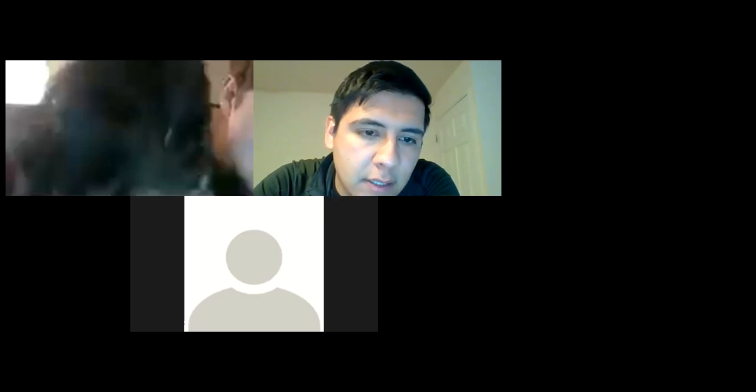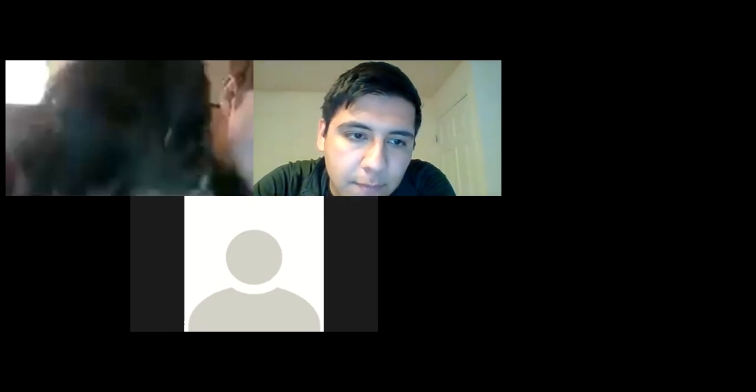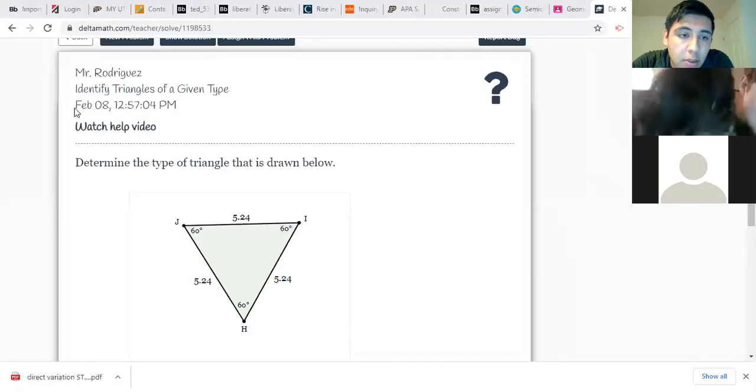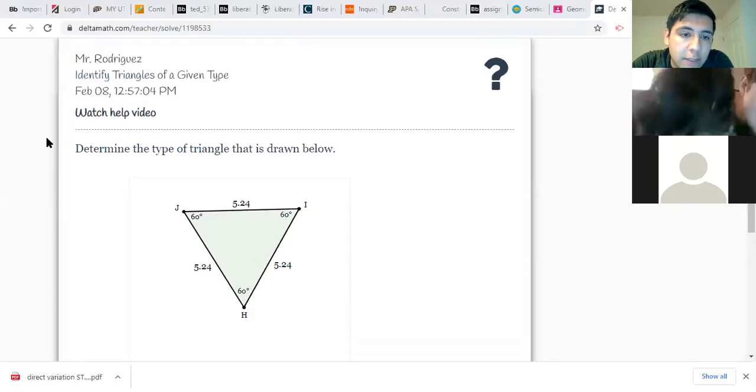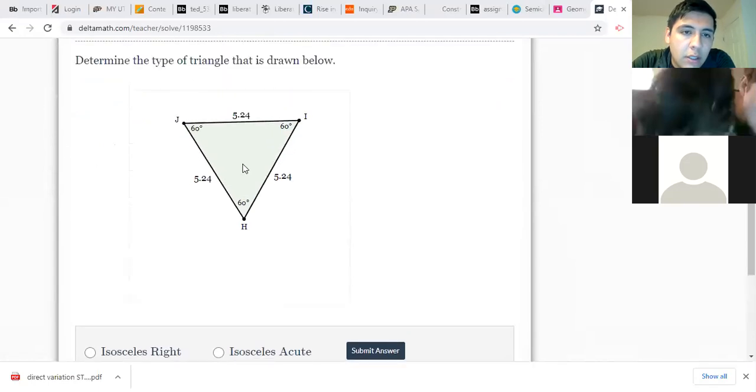It's on Delta Math, and it should be very easy, okay? So looking at this, for example, you're going to have to classify each triangle based on the angles and the sides.